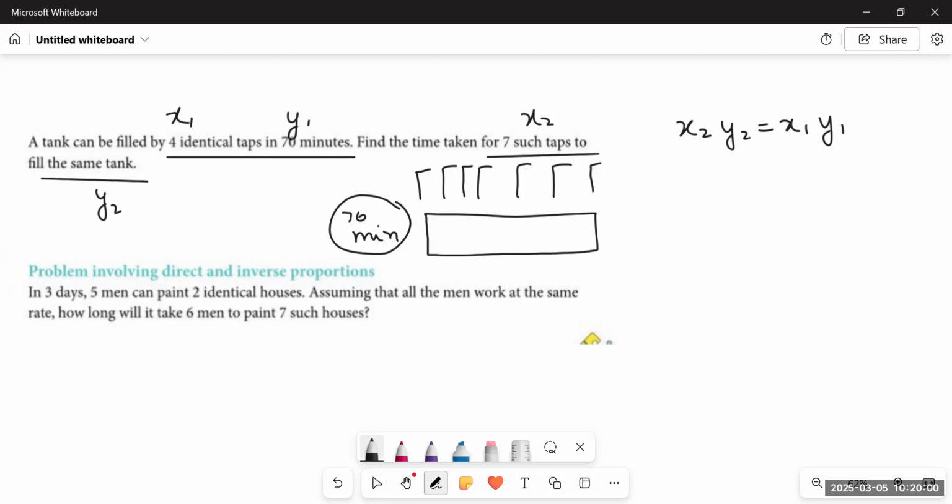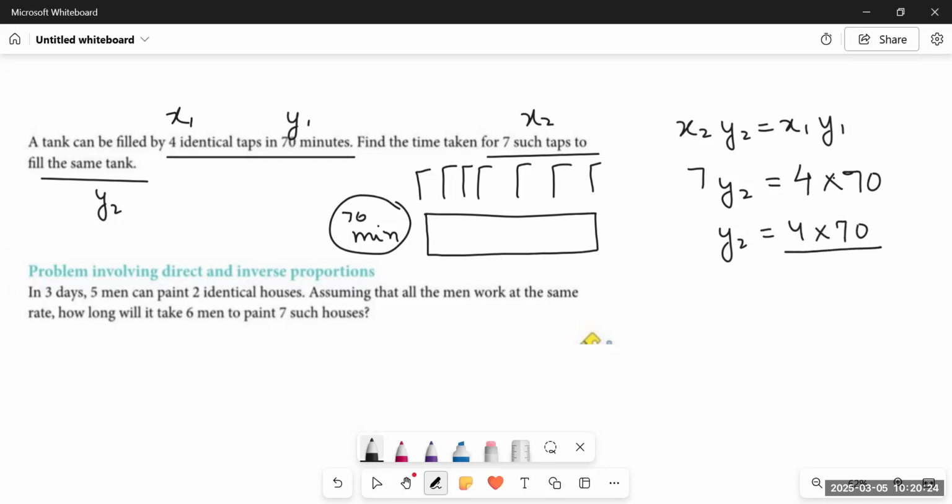So x2 is given as 7, y2 is missing, so we write y2 with it. And then x1 is given as 4 and y1 is given as 70. Now when I solve it, I'll get the final answer. Since we are multiplying 7 with y2, I'll keep y2 alone, and it is 4 into 70 divided by 7.